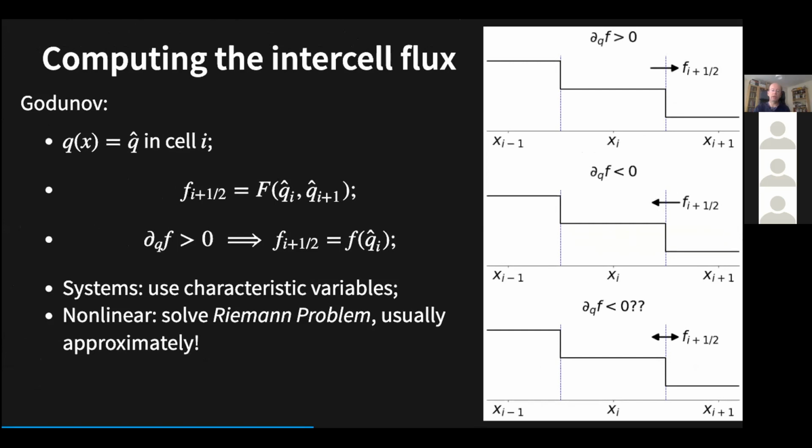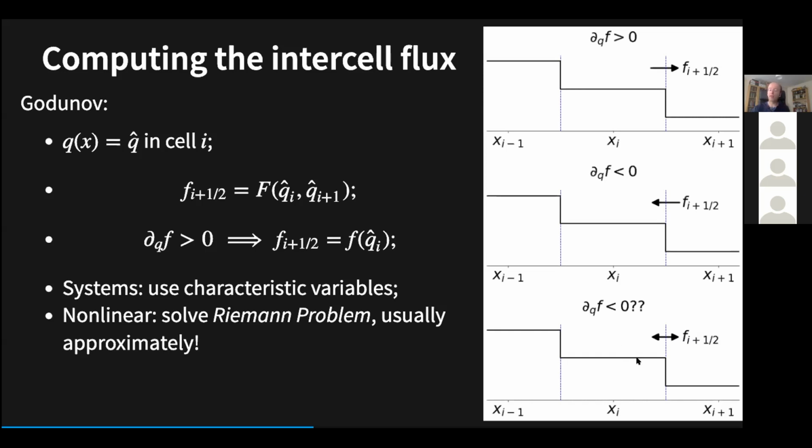In general, the intercell flux is going to be some function of the cell averages, or the solution on either side of the cell interface. The problem comes when the characteristic information changes across the cell interface. We're working out what the characteristic speed is based on the data, and we expect the characteristic speed to depend on the data.